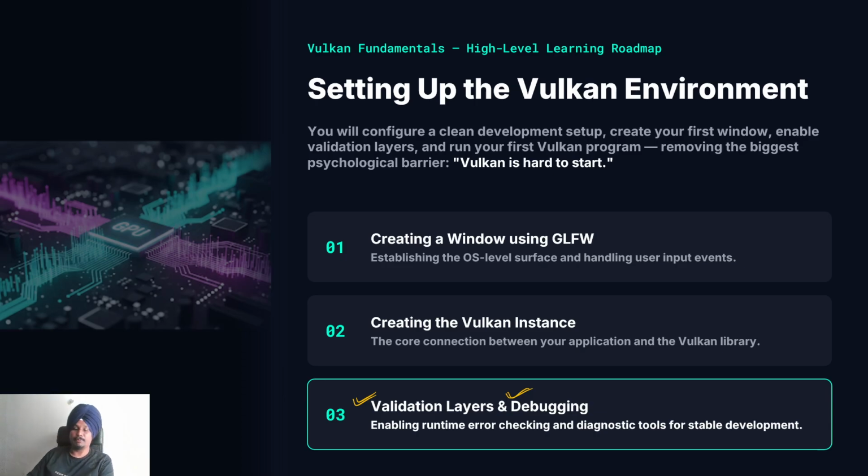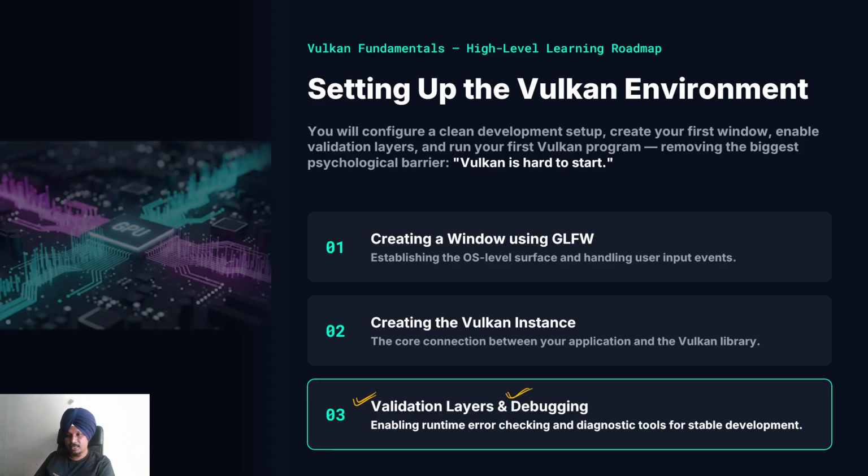Now this is very important. Okay, to build a good program, you have to know how to debug that program. So setting up validation layers and debugging is the very first thing that you should be doing. So anything you do that doesn't work, this is where the validation layers help you to catch it.